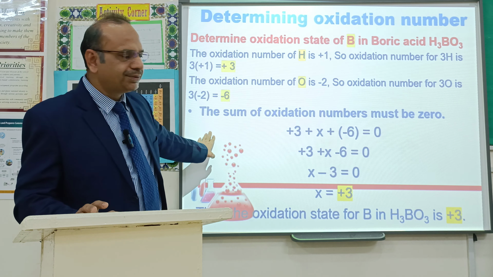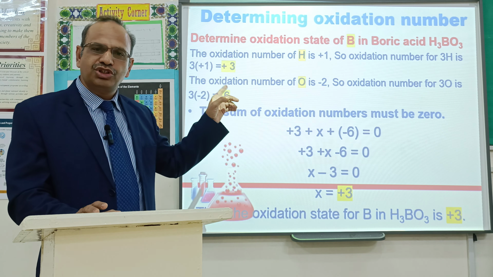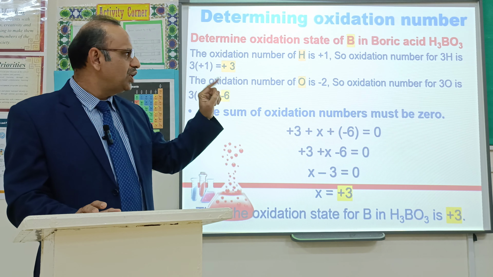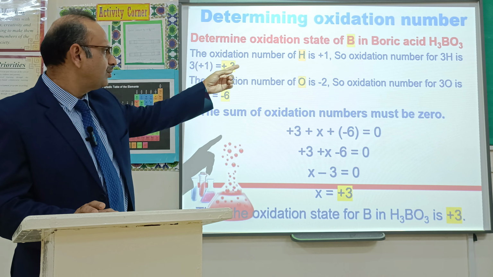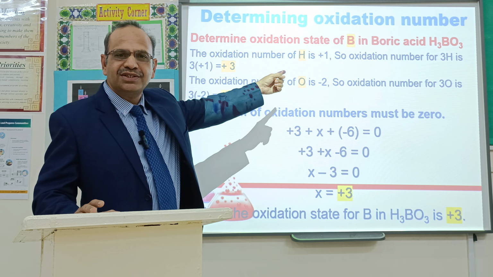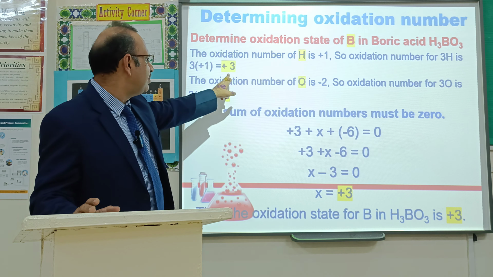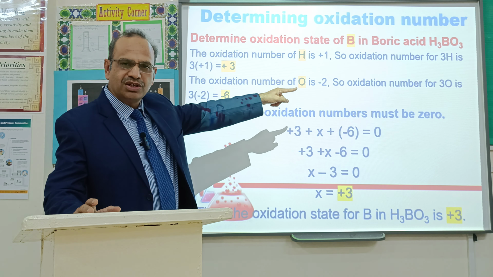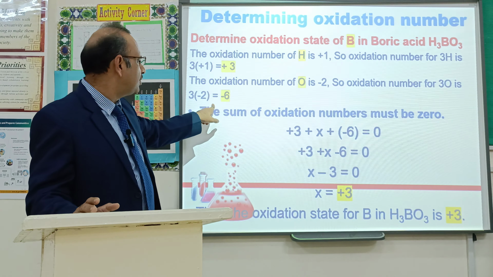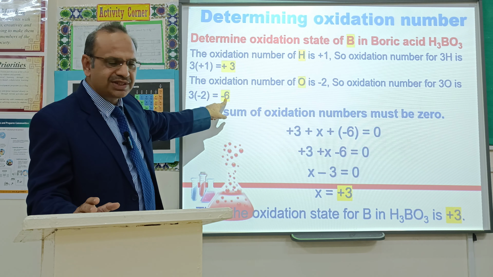Here is one more example. Suppose you want to determine the oxidation number of boron in boric acid, H3BO3. Simple: the oxidation number of hydrogen is plus 1, and there are 3 hydrogen, so it will be plus 3. The oxidation number of oxygen is minus 2, and there are 6 oxygen in total, so it will be minus 6.